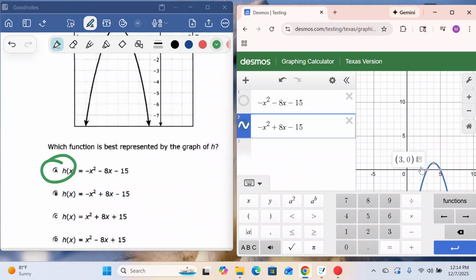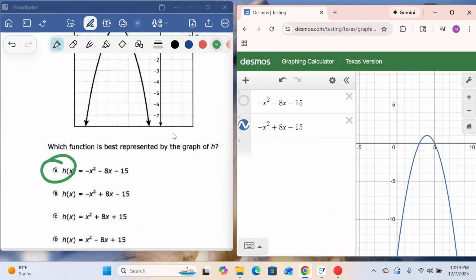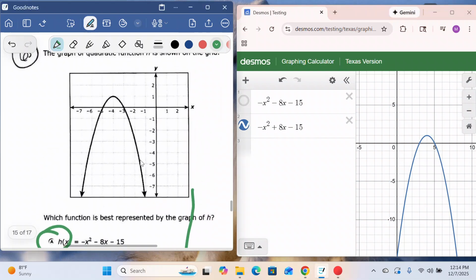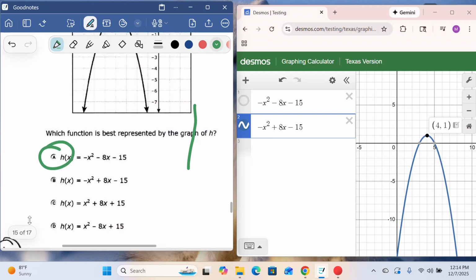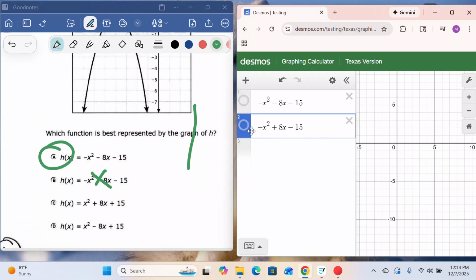And this one has a vertex of 4, 1. And if you look at this graph right here, it's kind of not the same because it has 4, 1 here. And it has my x-intercepts of 3 and 5. This has my x-intercepts of -5 and -3. So once again, this one is wrong. And if I input the rest, they should be wrong.